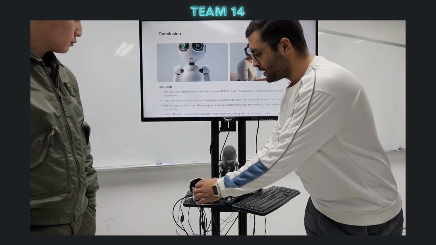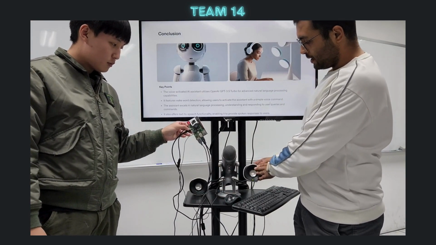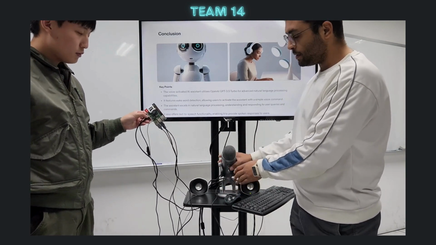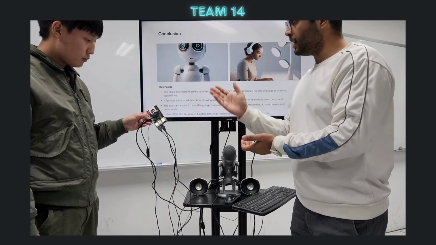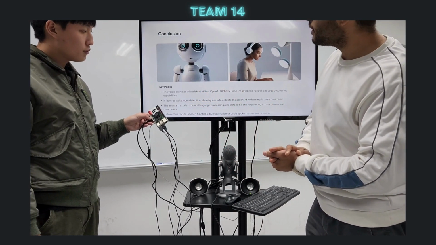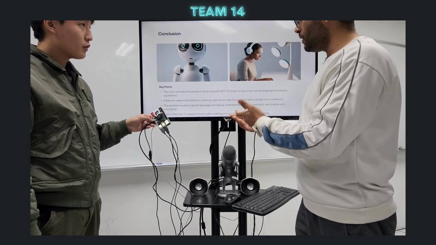In this project, we use the Raspberry Pi, a USB speaker, and a USB microphone. So only three things, and we use the Raspberry Pi interface inside, and then we can talk.